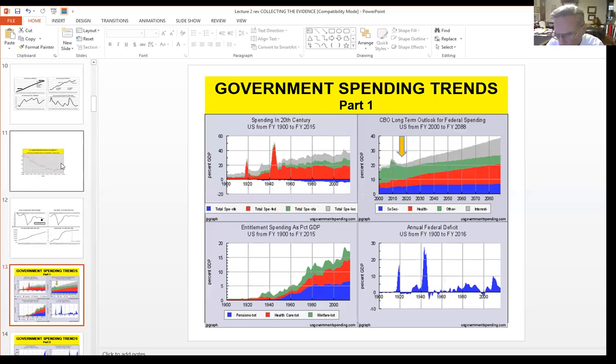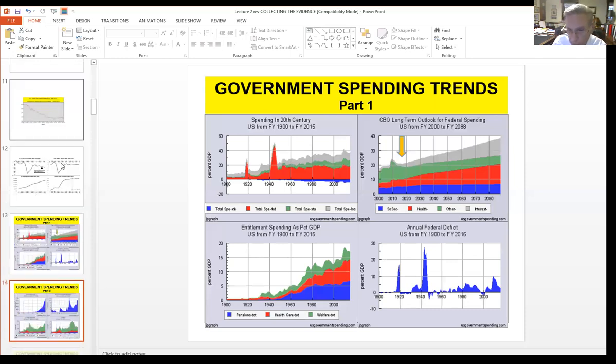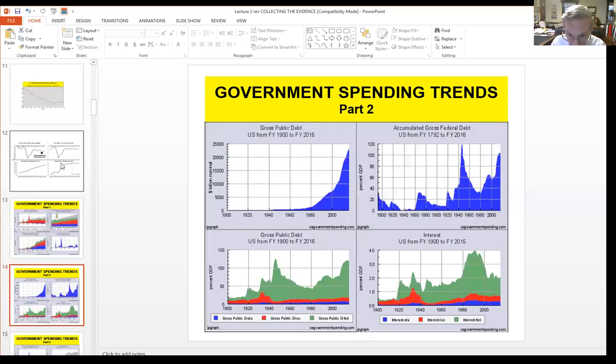So annual federal deficit. You can see that chart goes to 2016. If we add one to go to 2018, boy, would we see a spike in that one because of this new legislation. So here's the second chart, the upper left-hand corner, the gross public deficit from all three segments of government.